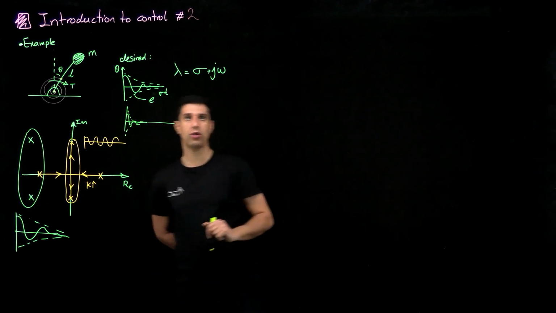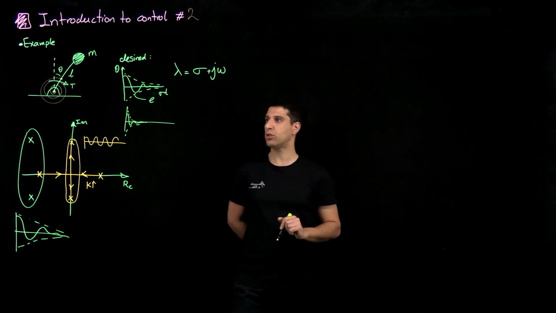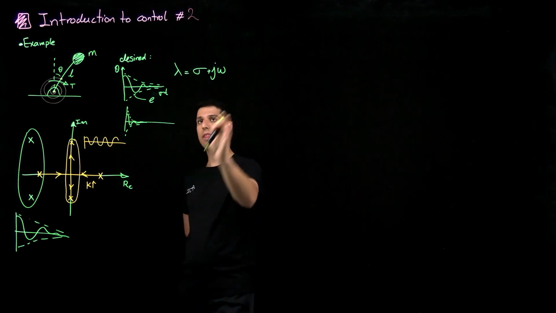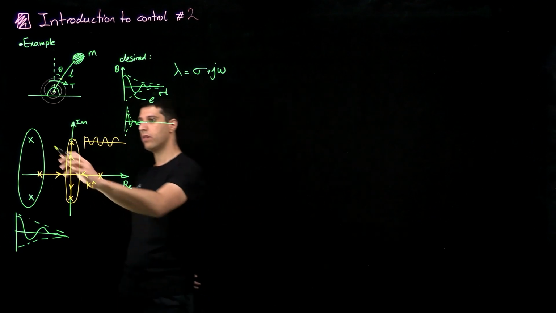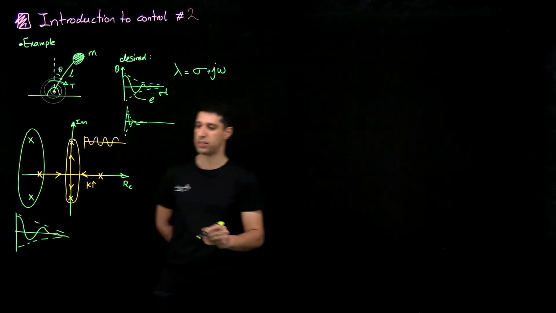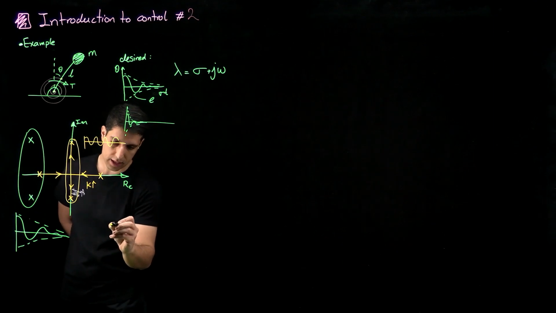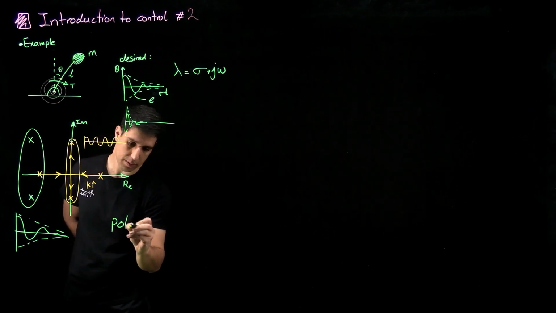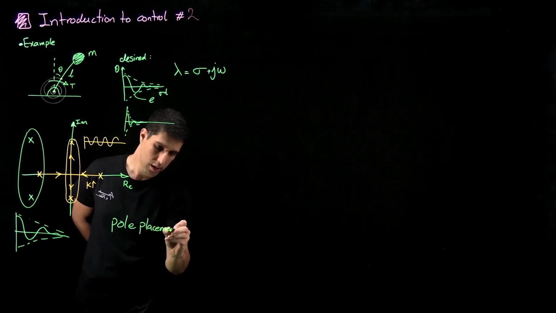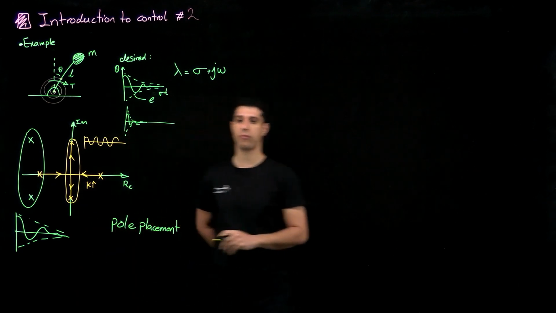So let's try to realize a controller that does this, and the method that I specifically choose, where I choose where the poles of my system are, is very aptly named the pole placement method.